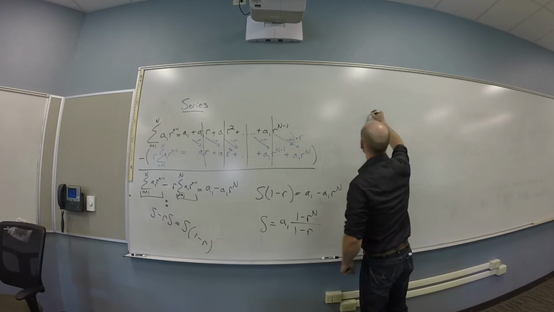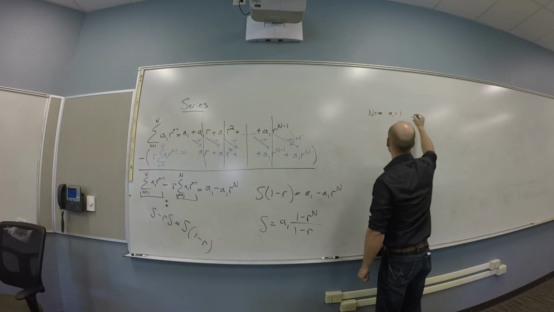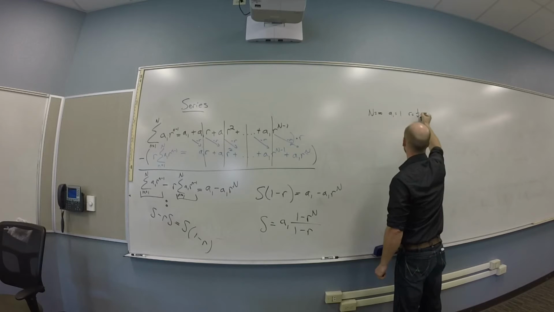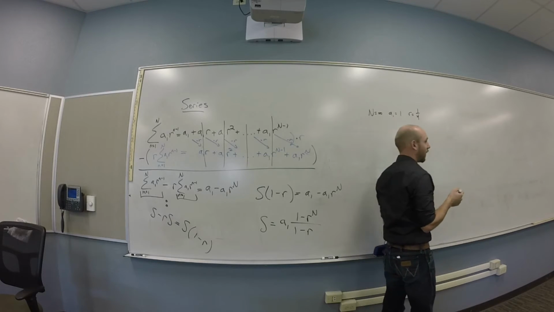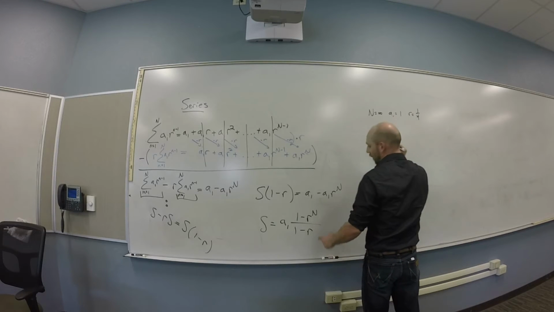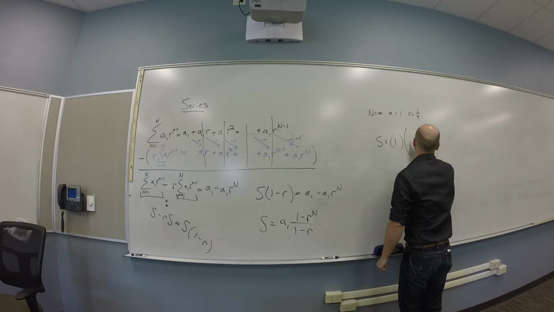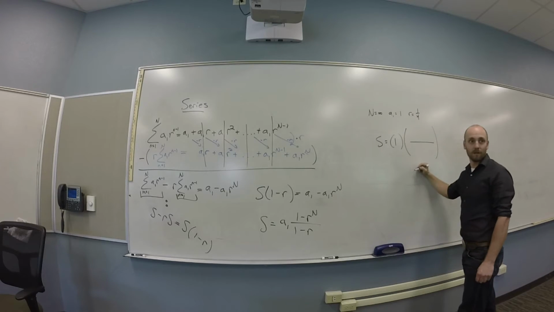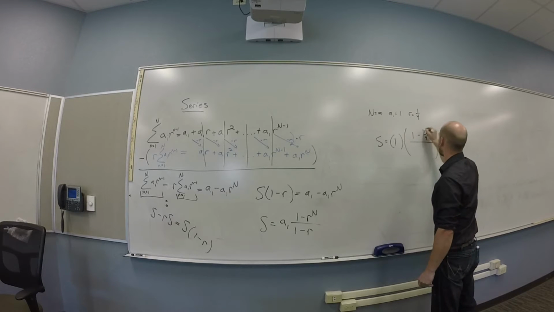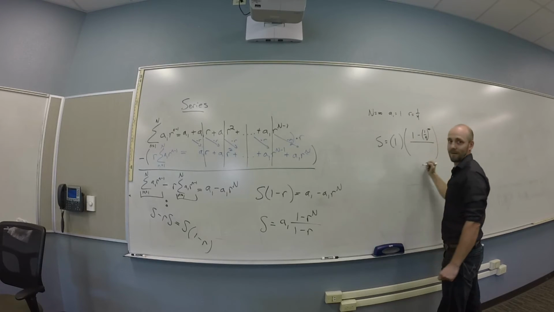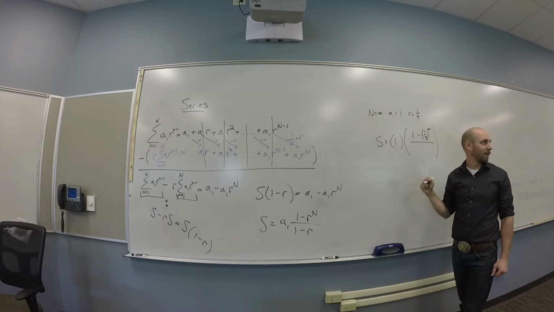So with ours, we did capital N is infinity, a1 is 1, and r was a quarter. So let me just plug those values in. So my sum should be 1 times what? 1 minus 1/4 to the infinity power. What's a quarter times itself infinitely many times?